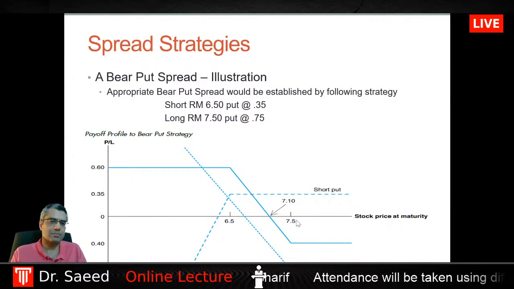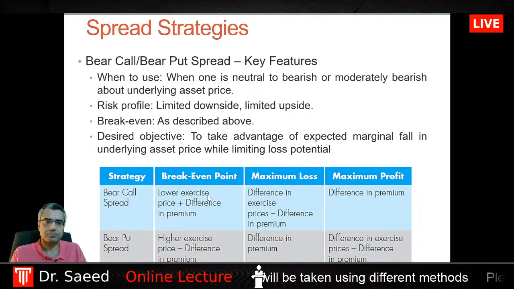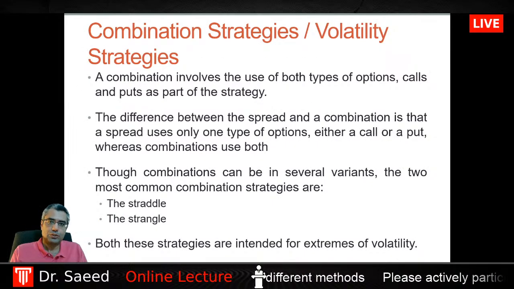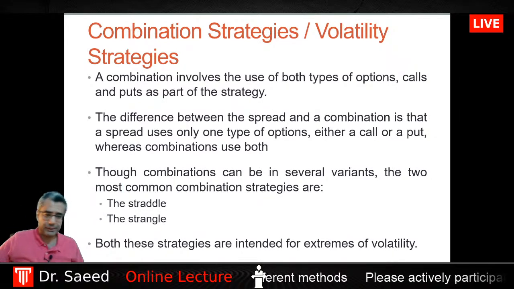And as you can see, this means you are moderately bearish, because if the price goes up, your loss is limited to 40 cents, which is the difference between these two premiums. And this is a summary of what you need for bear call spread or bear put spread. So this was spread.